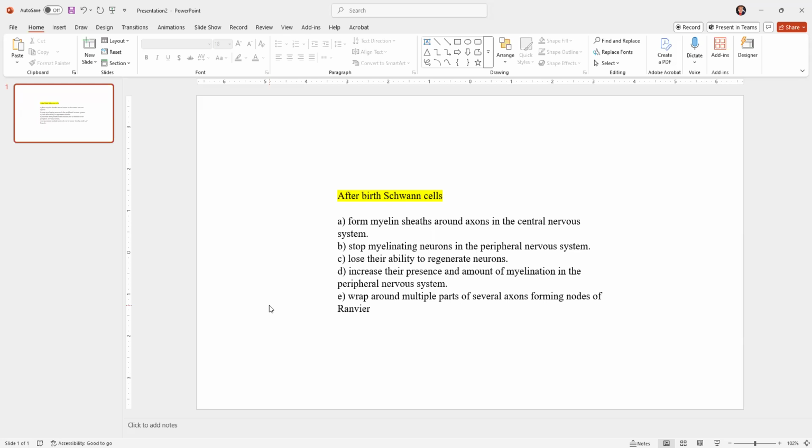Right, but remember that myelin sheath is kind of sort of already present when they are born. It increases its presence, and it completes the myelination process by the age of around 1 month. So they increase their presence and amount of myelination in the peripheral nervous system. That's why young children, remember we talked about the Babinski sign that kids, their toes go upwards?